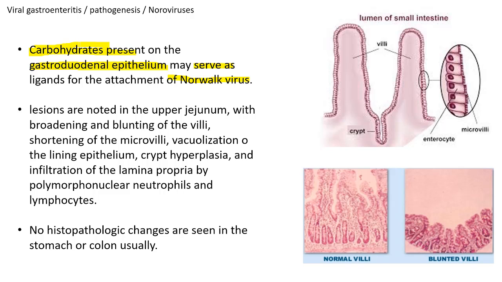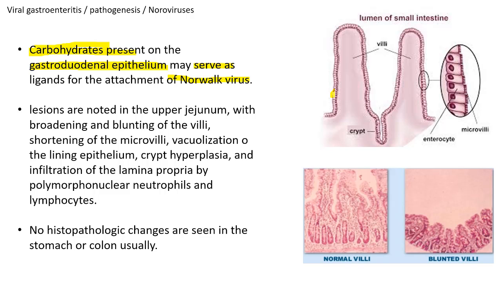And those carbohydrates are similar to the carbohydrates that make up the blood groups. So it seems that some people are more susceptible to norovirus infections than others due to the presence of those carbohydrates on their epithelium.